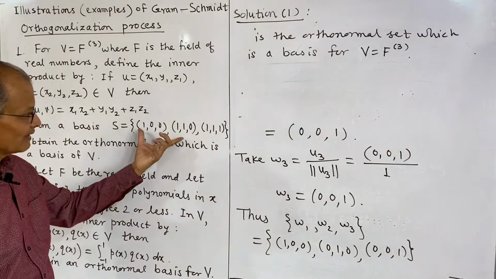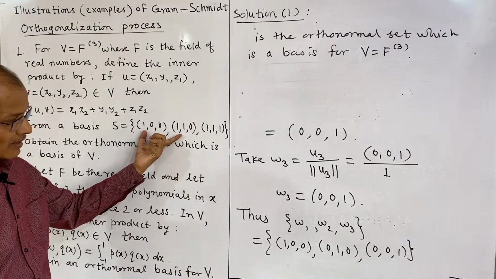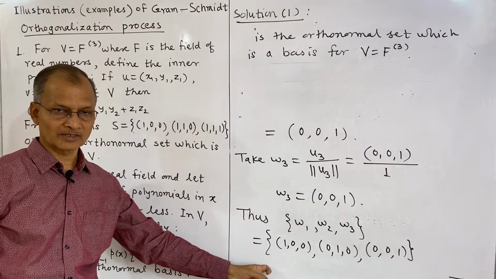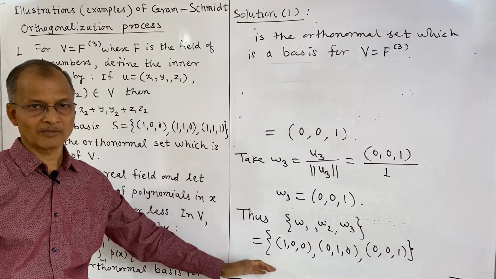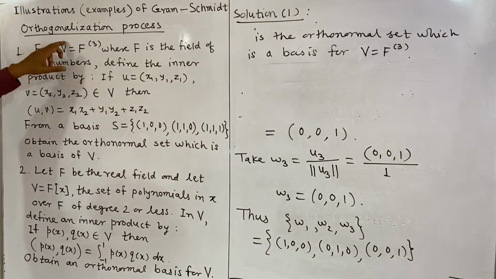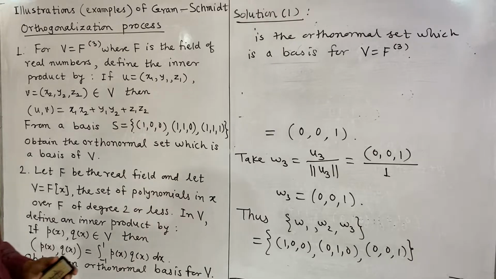From this basis we have constructed another basis which is an orthonormal set and a basis of the same vector space. This is the Gram-Schmidt orthogonalization process to obtain an orthonormal set which forms a basis. So this completes the solution for the first problem.